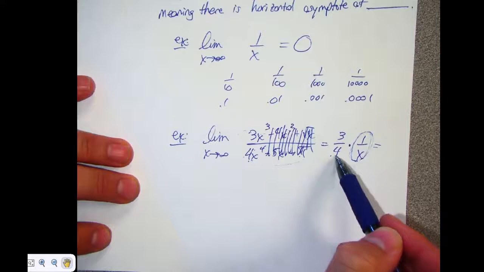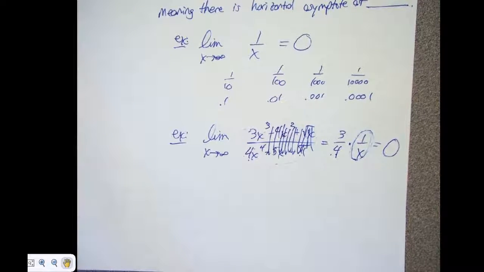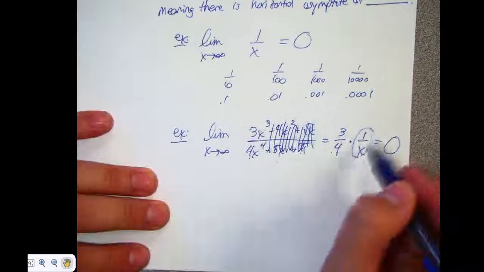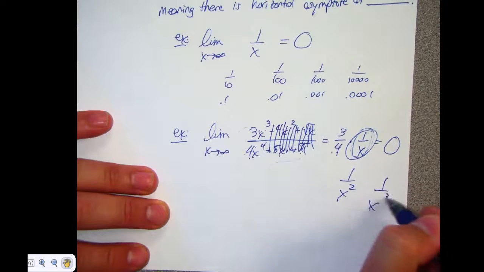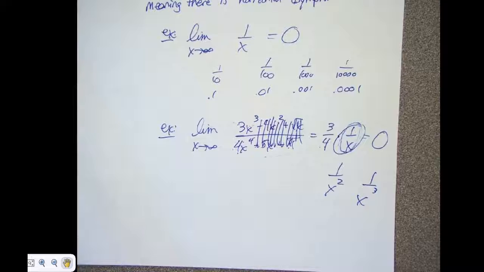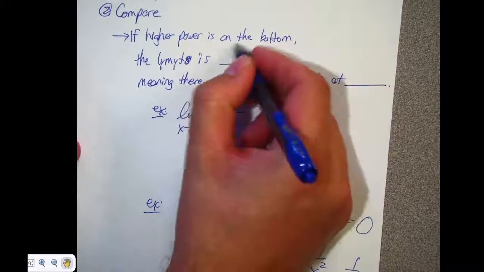What's 0 times 3/4? 0. So no matter what you do, if you have the bigger power on the bottom, you can simplify it basically all the way down to this. Or 1 over x squared, or 1 over x to the third, which will be the same thing, right? A giant number on the bottom and a 1 on top. So, if the higher power is on the bottom, the limit is 0.